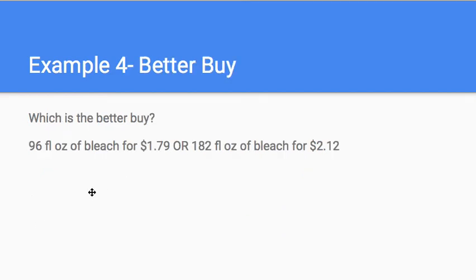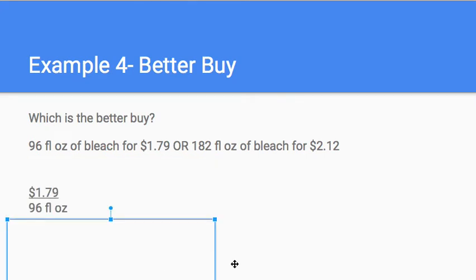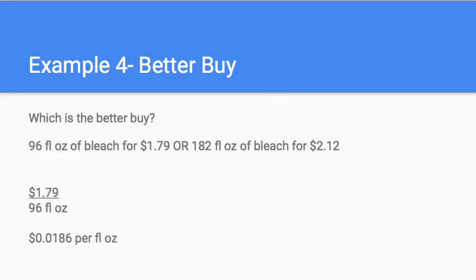So if I want to find the cost per ounce, and if you're dealing with money, cost per something is generally what you're going to look at. I'm going to take the cost, in this case $1.79, divided by 96. So $1.79 divided by 96 fluid ounces, that gives me 0.0186 per fluid ounce. So just under 2 cents per fluid ounce.